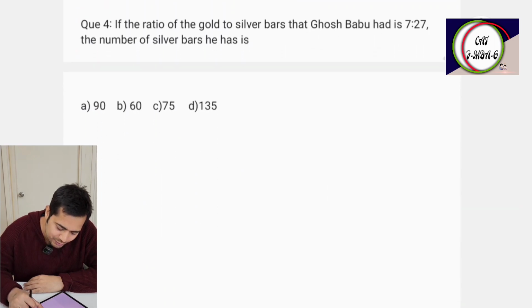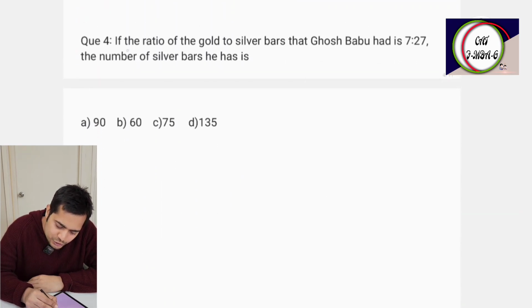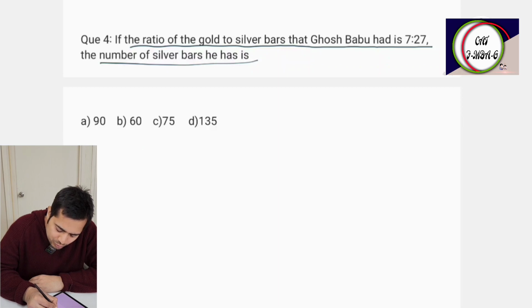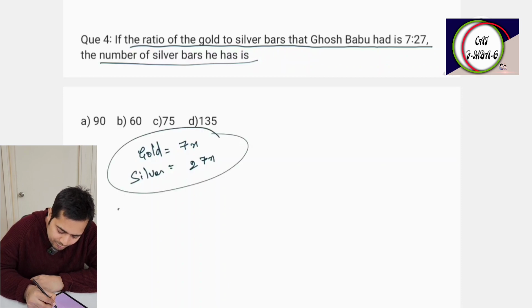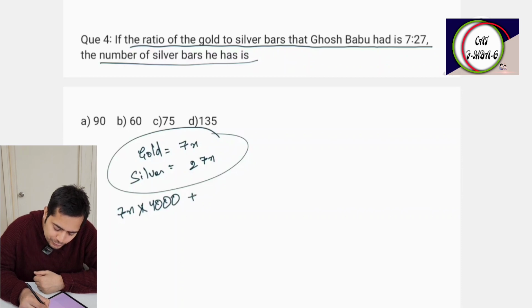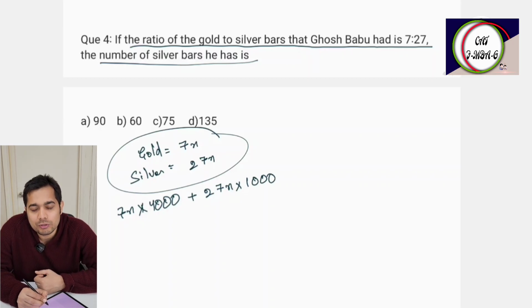Let us see what is given in question number 4. If the ratio of gold to silver bars that Ghosh Babu has is 7 is to 27, so let us say gold is equal to 7x gold coins, silver is 27x. Okay, so 7x into 4,000, because gold was 4,000 rupees each, plus 27x into 1,000, because a silver bar has a price of 1,000 rupees.